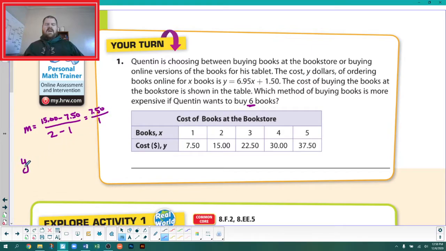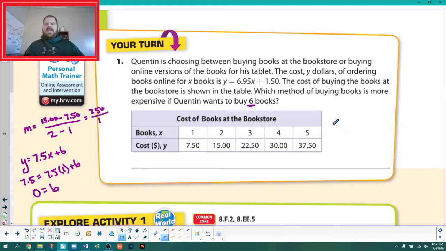So I have y equals, I'm going to write 7.50 as just 7.5x plus b. And if we plug in even that first number, we should see something good is going to happen, kind of like what happened in the example. 7.5 times 1 is 7.5, and when I subtract 7.5 from both sides, I get 0 equals b.